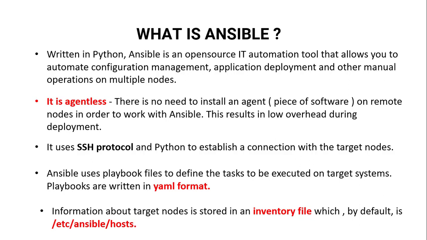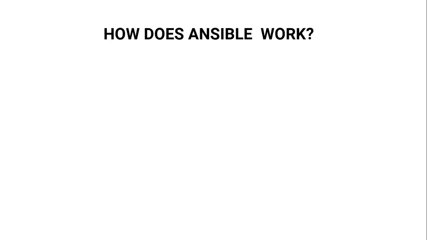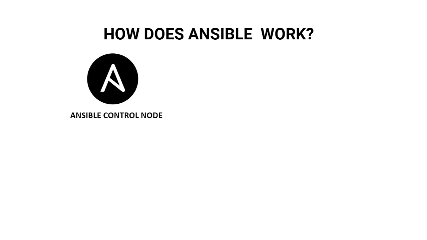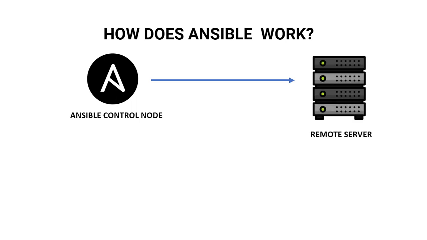To get a better picture of how Ansible works, here we have the Ansible control node. This is a server on which you're going to install Ansible, and in our case, this will be the Ubuntu 22.04 node. This control node will be managing the remote server using the SSH protocol, as I've just mentioned.